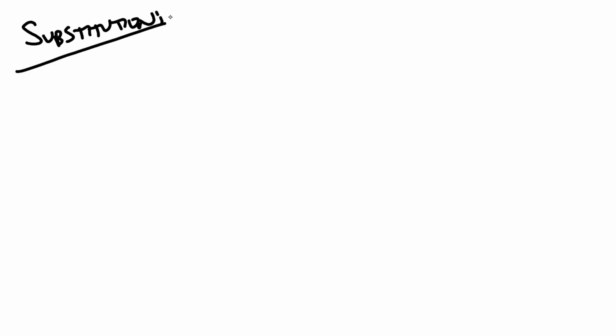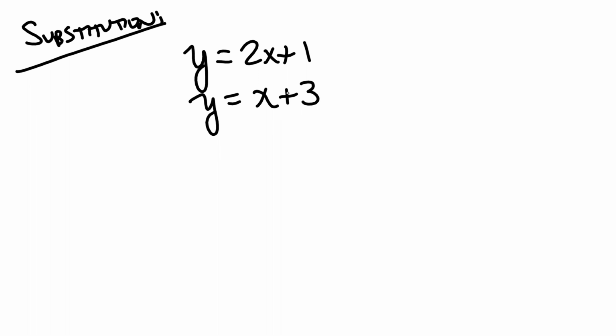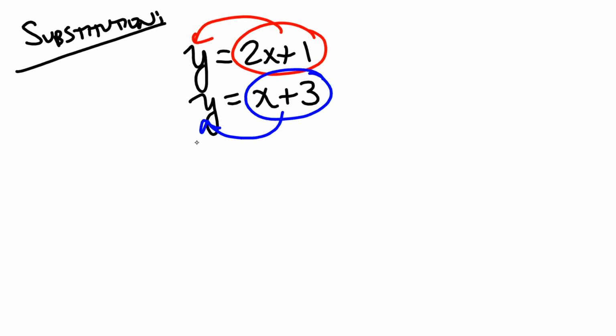Well, there's a second method called substitution. Let's take that same system. y equals 2x plus 1 and y equals x plus 3. Let's recognize that this thing is equal to y and this thing is equal to y, and y is the same in both cases, so these must be equal to each other.